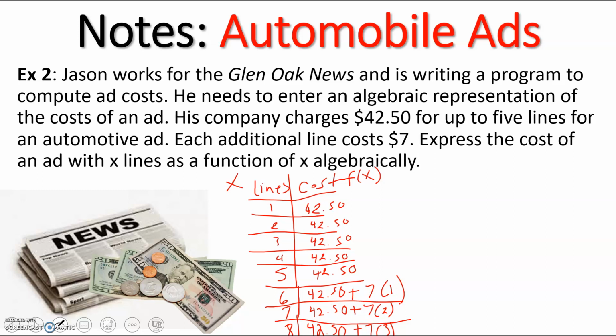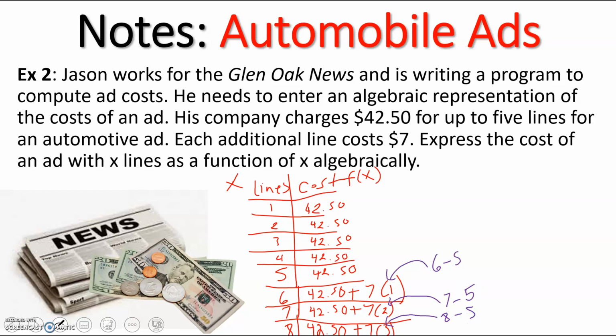So the relationship I'm seeing is that the number of sevens we get is 5 less than the number of lines. So this here is 6 minus 5. This here is 7 minus 5. This here is 8 minus 5.